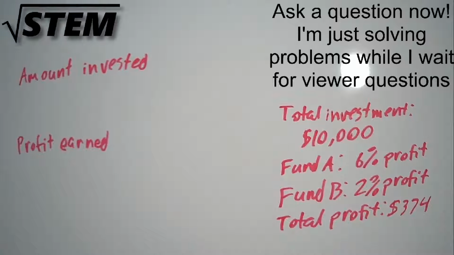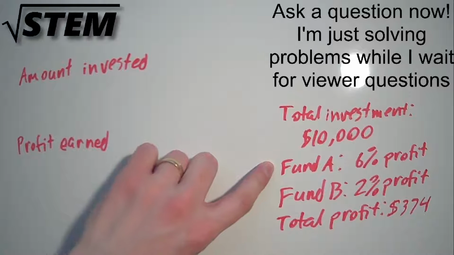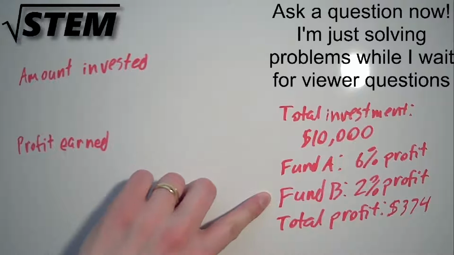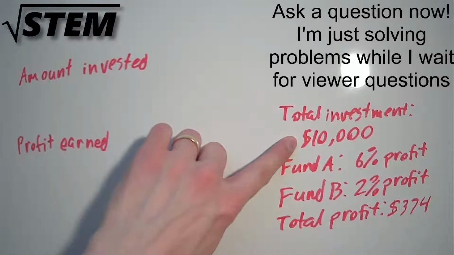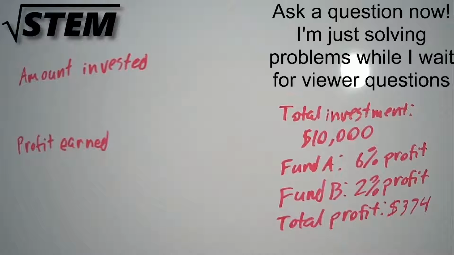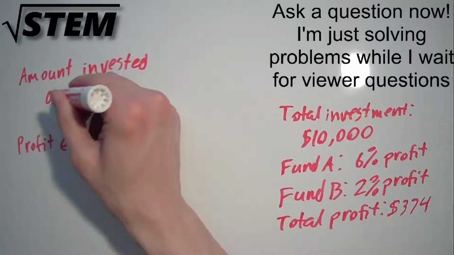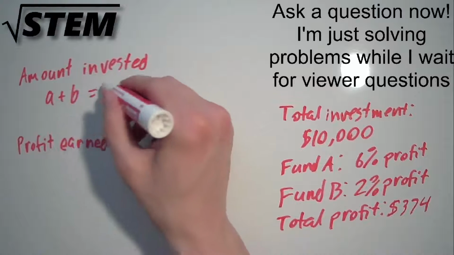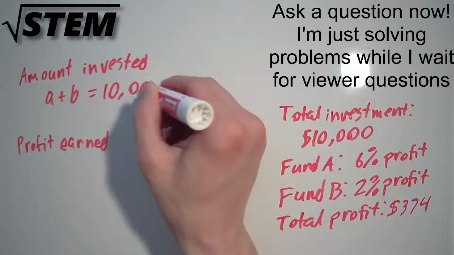So for the amount that we invested, we can just say that however much we invested in A plus however much we invested in B is equal to 10,000, since that is the full amount of money that we invested. A plus B equals 10,000.